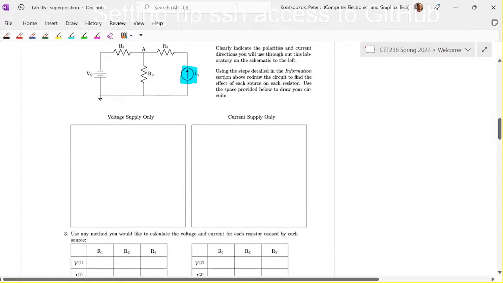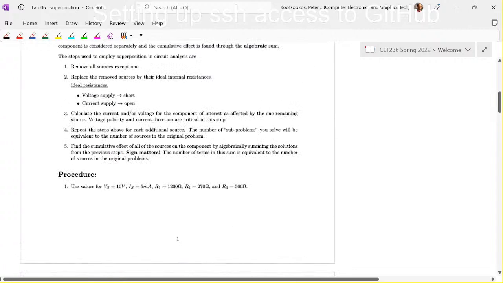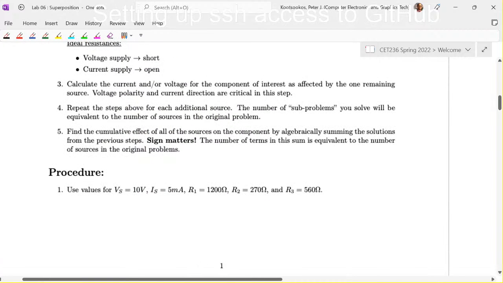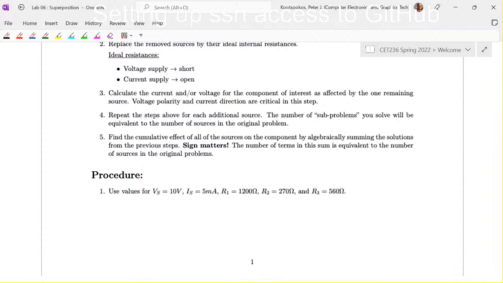I don't think it does. 10 volts, does it? Oh yeah, it does. Okay, so 5 milliamps. Very good. I should put that at the start of the procedure on the next page, just to make it a bit clearer. And yeah, I'll see if I can get those values. I think I should have all of them.